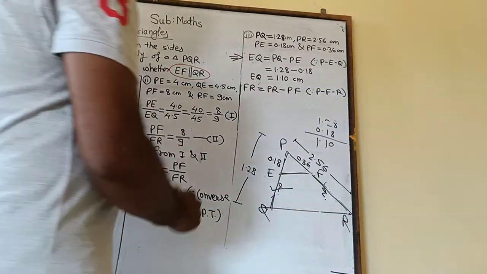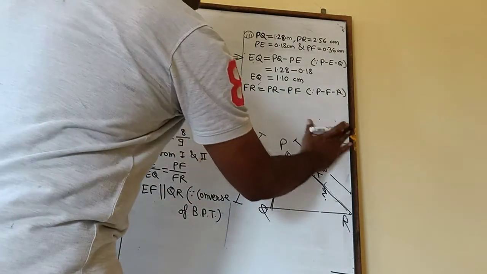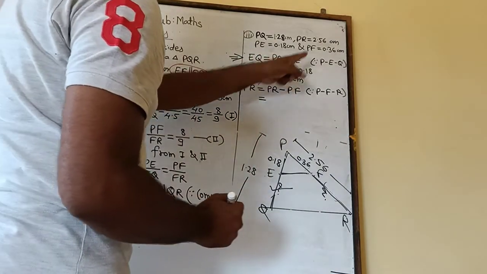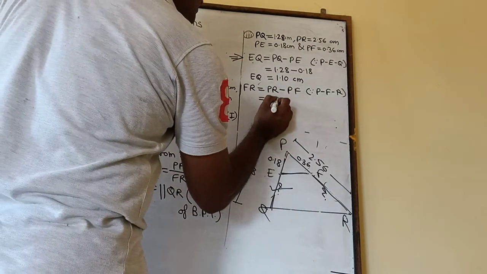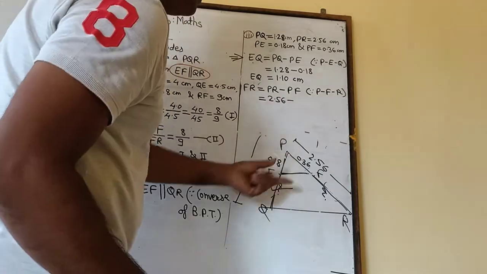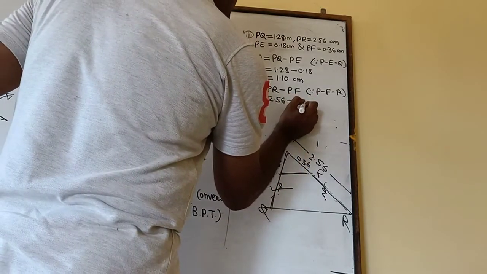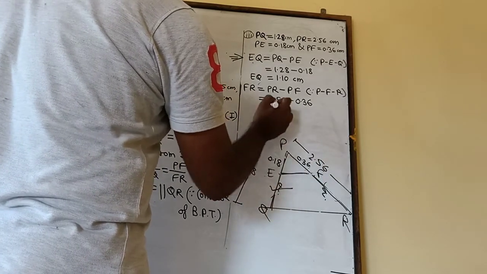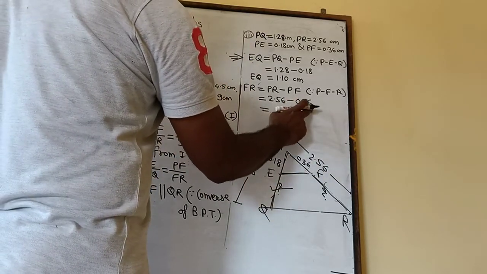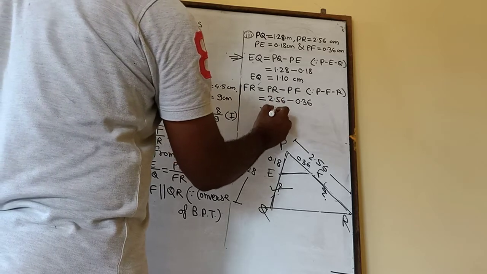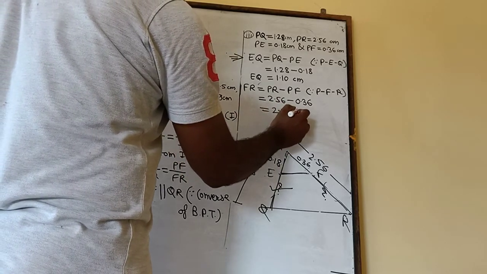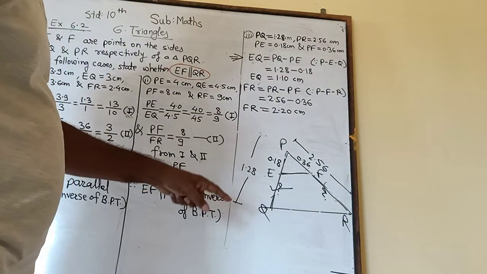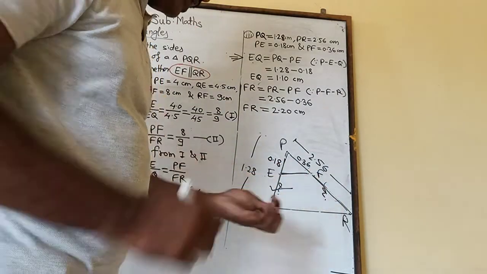So students, PR is 2.56 minus PF is 0.36, and in a similar way, what will we get? If you subtract 0.36 from 2.56, definitely you will get 2.20 centimeter. So we have now EQ as well as FR.